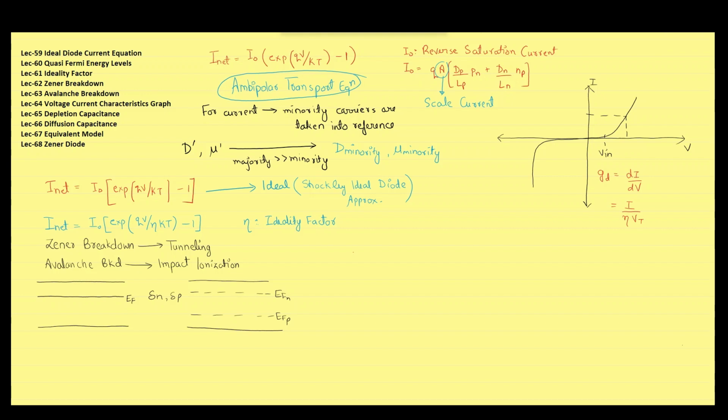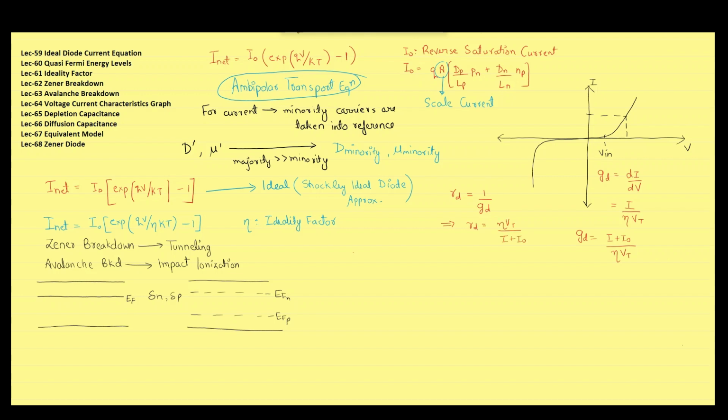The exact expression for incremental conductance is (I plus I naught) divided by ideality factor times thermal voltage. When we apply sufficient voltage, the current I is significantly greater than reverse saturation current I naught, so we usually ignore the term I naught. Another parameter is RD, the incremental resistance, equal to the inverse of incremental conductance.